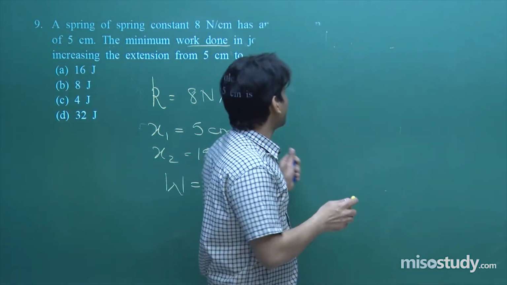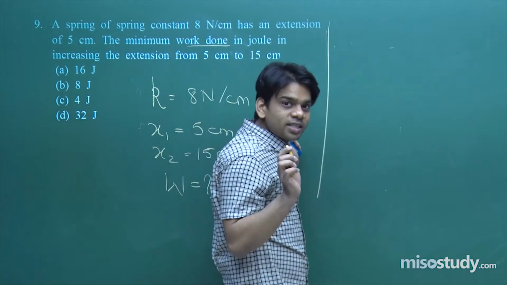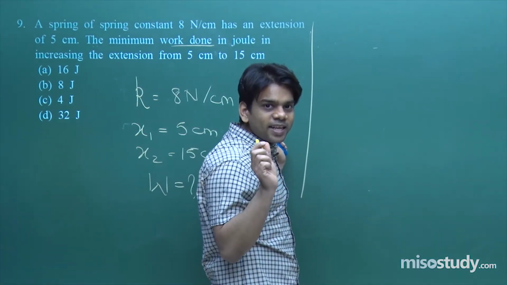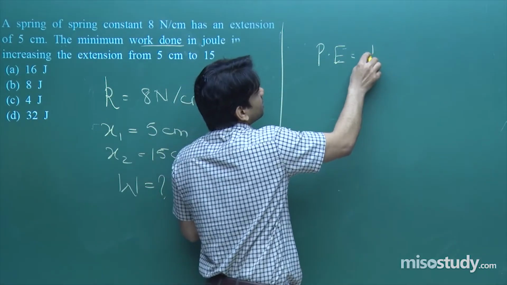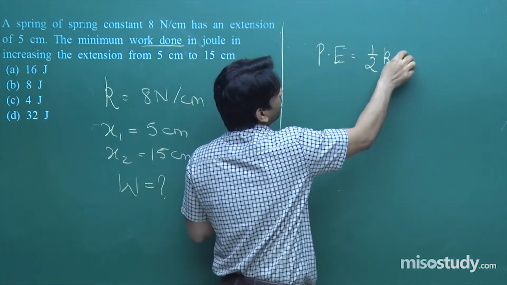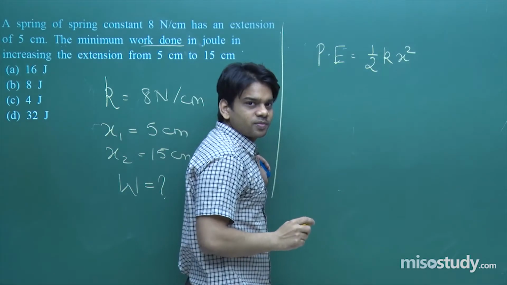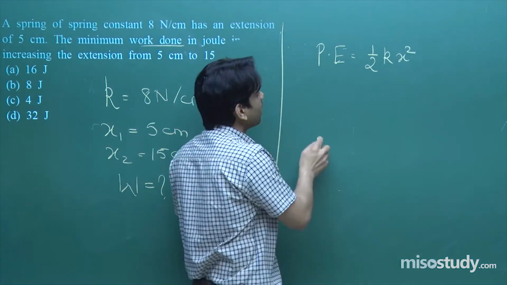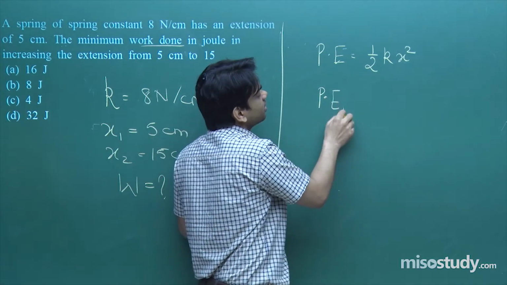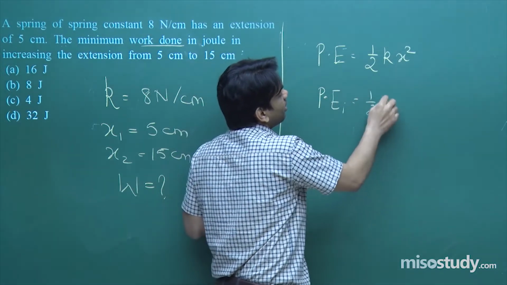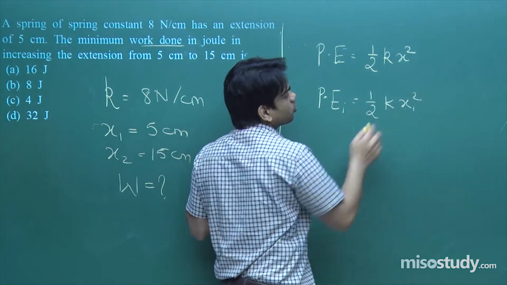Now see that the potential energy of the spring at any extension is given as half k x square. We know this. Potential energy is given as half k x square, and now potential energy initial will be given as half k x1 square.